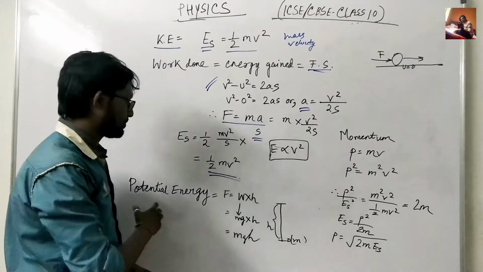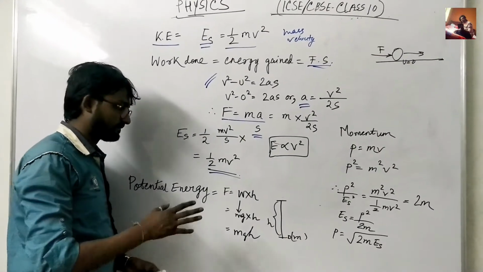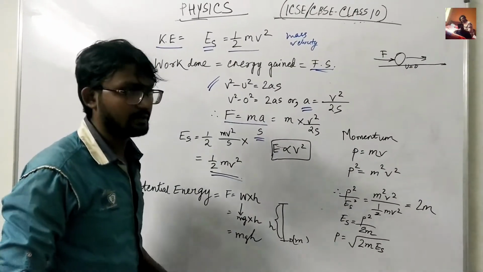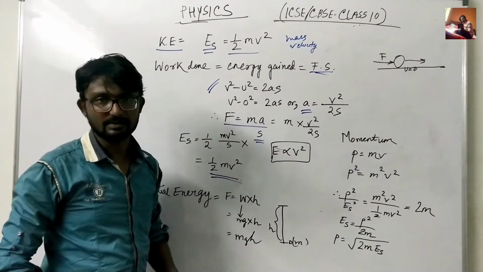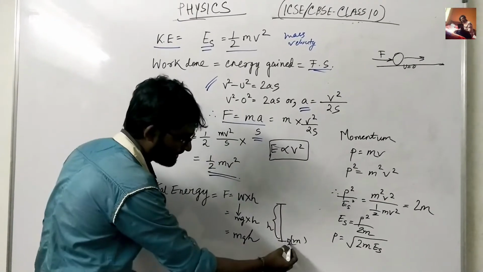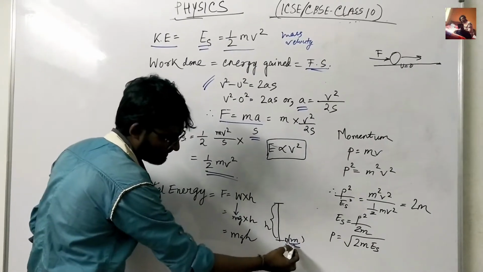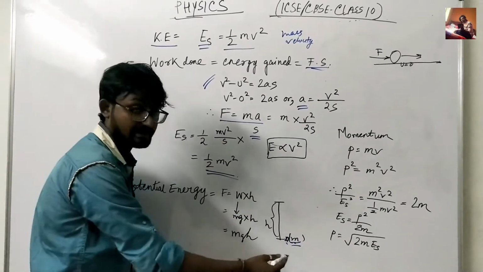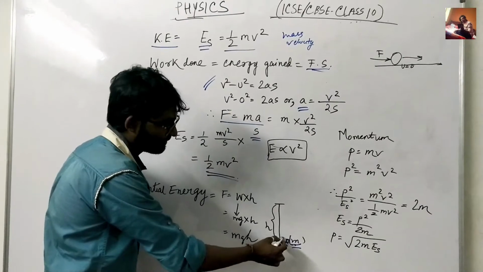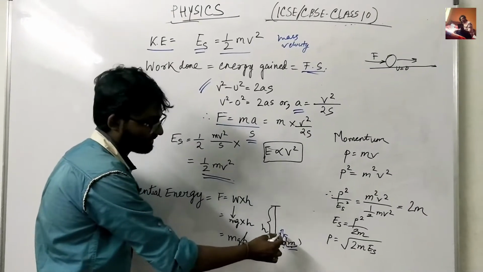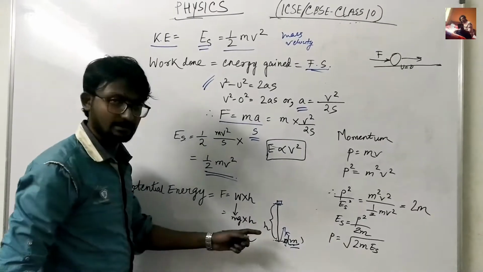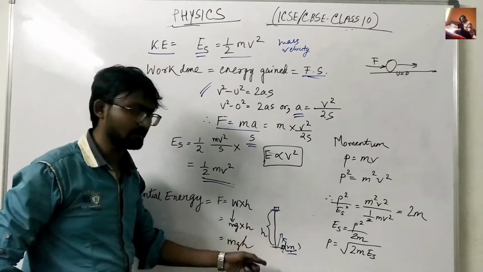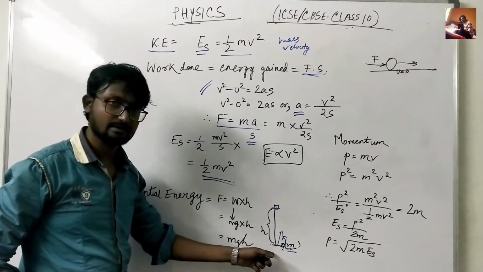Now let's come to potential energy. It is the energy gained when you gain some height from the ground. Suppose the object is over here, the mass is m, and now the object is moved upward by applying a force, and it is now at a height of h from the ground level.